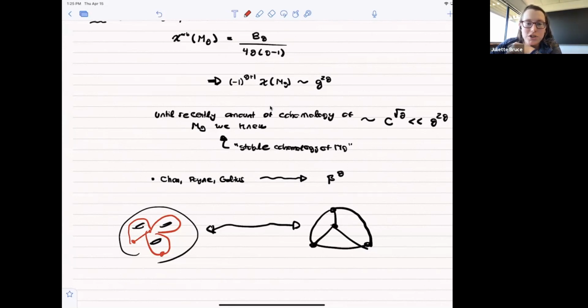Josh, what do you mean by amount? That's a good question. I'm being very hand-wavy and soft and vague. Maybe a precise way to say this is you can package all the cohomology into one ring. Then you can look at the graded pieces, and you can ask what is the dimension of the graded pieces up to some given degree.